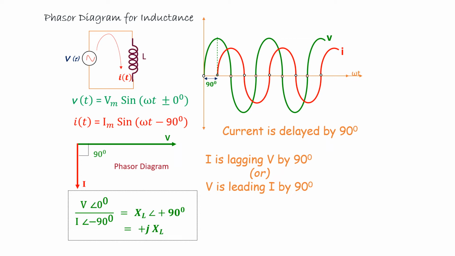In the other way, you can write it as plus jXL. Here, XL, which is equal to omega L, is the inductive reactance in ohms. This is a positive reactance.